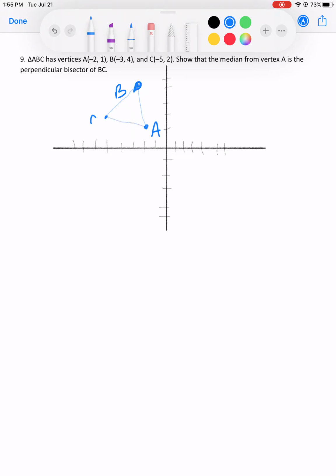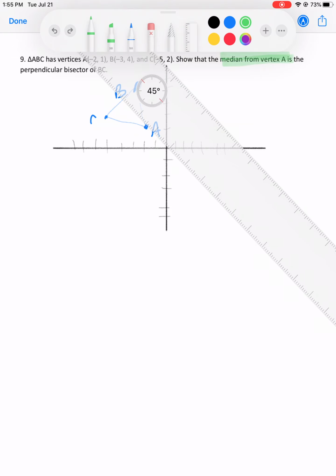So the question says, show that the median from vertex A. That means the median of vertex A is a line that would go from A right to the middle of BC. So A and then right exactly in the middle.